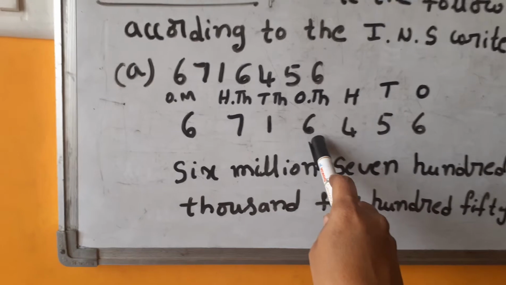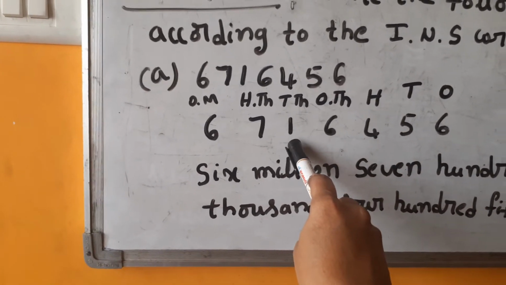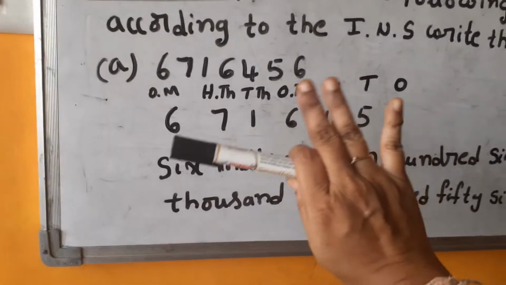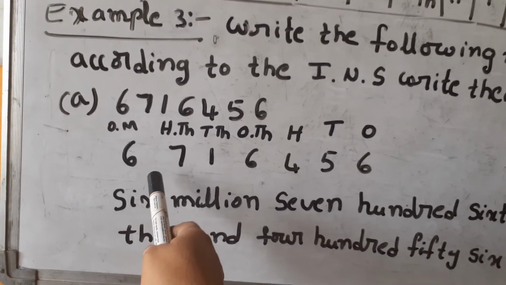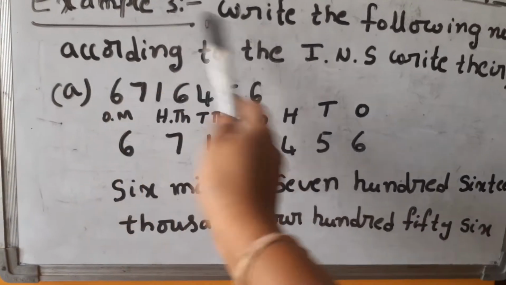Next, 6 is the 1,000, 1 is the 10,000, 7 is the 100,000. These 3 consist as the thousands place. Next the 6 is 1 million, so this is the millions place.